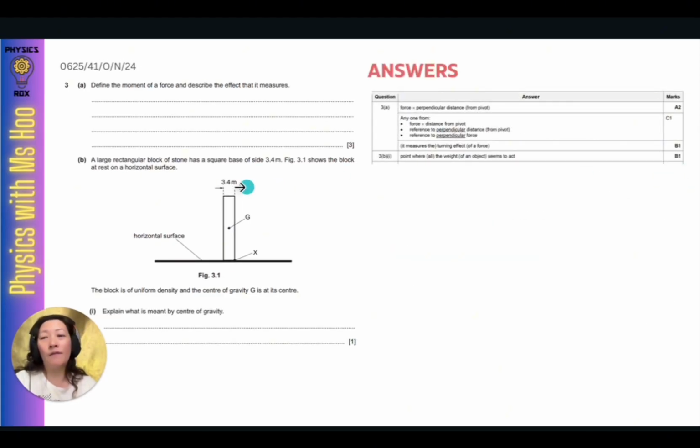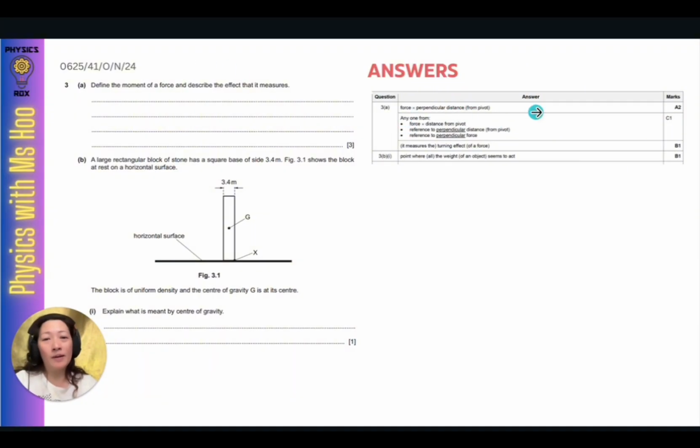So let's start first with 3A. Define a moment of a force. Define here means you need to give the definition, and as you can see from the mark scheme, you will get marks for writing the correct definition, which in this case, a moment is the force times perpendicular distance from the pivot.